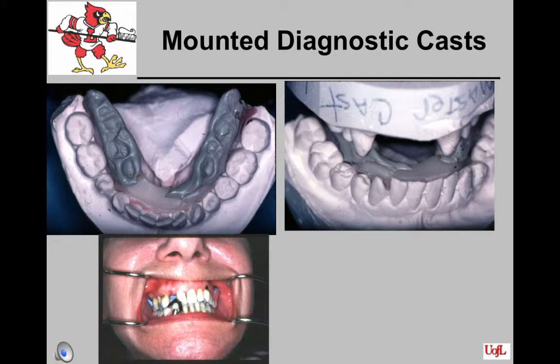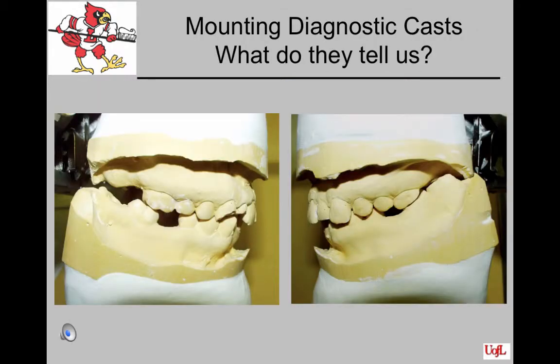Here are some record bases that are made on a very unusual patient who has a complete scissors bite. We were able to get a registration on this patient, but it's a very unusual one. The teeth on these two casts individually, without them being mounted, may look perfectly good.